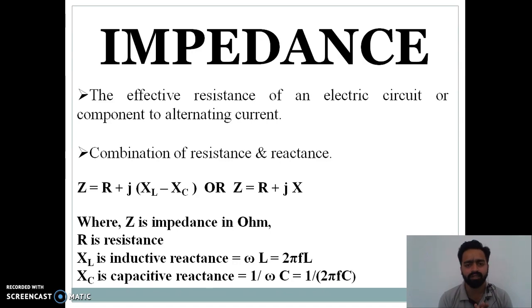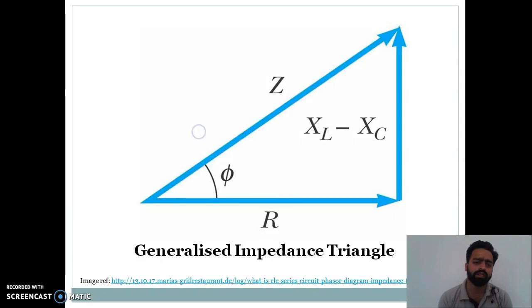Now as I said earlier, every electrical device is a combination of either of these three elements, that is resistance, inductance and capacitance. So now we need to understand different types of electrical circuits. But before that, let's understand the impedance triangle. As per the equation, impedance is a complex parameter.